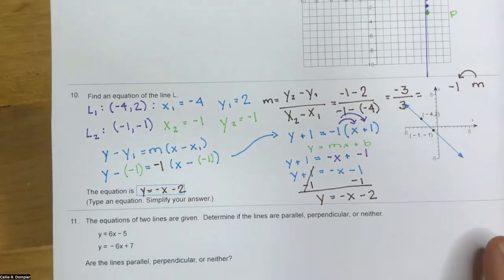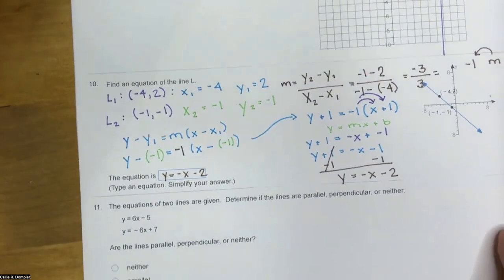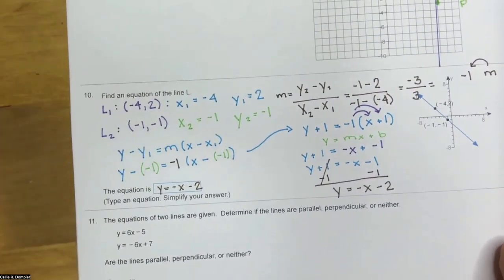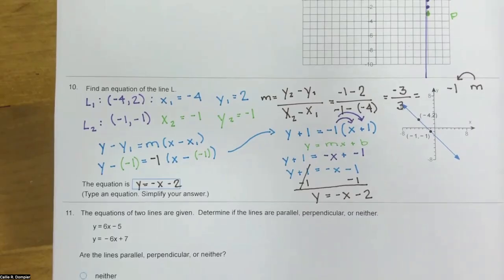All right. Here it says the equations of two lines are given. Determine if the lines are parallel, perpendicular, or neither. What are the rules for determining whether lines are parallel or perpendicular? What you want to look at is the slope of each line, okay?